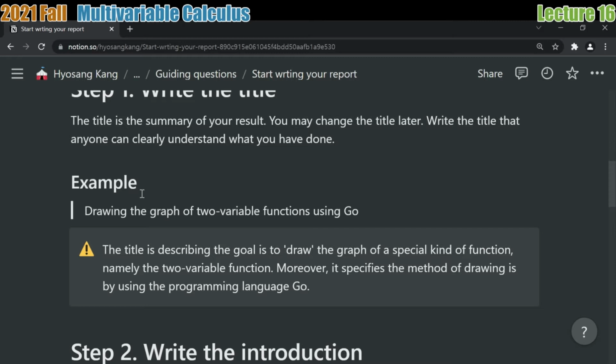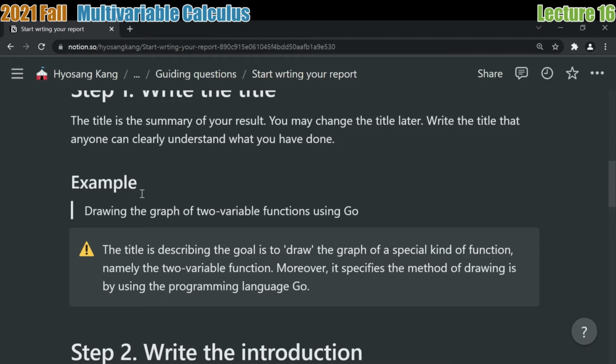using the Go programming language. Then my title will be the same thing: drawing the graph of two variable functions using Go. That title clearly says that my goal is drawing, and that I'm drawing the graph of two variable functions, a very specific one. But I'm not saying that I'm going to draw specific two variable functions.